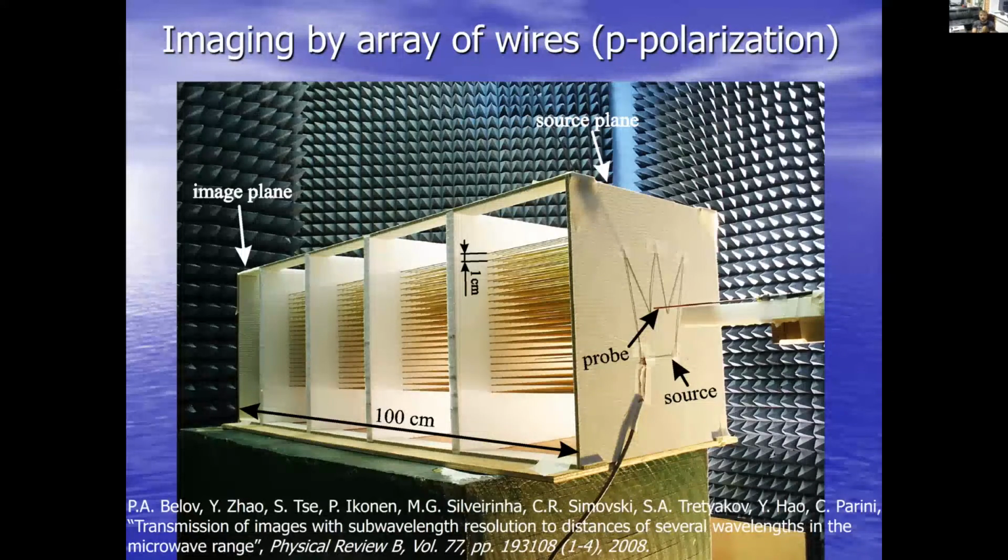So we decided to make another lens, which is better looking, longer, heavier, and better operating. So we kept the period to be 1 centimeter, but took 1 meter long wires.